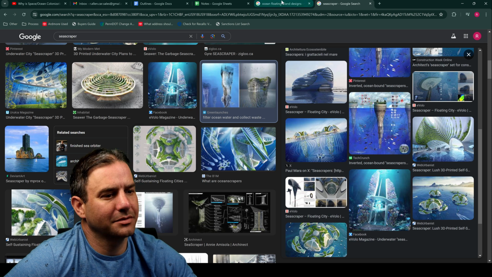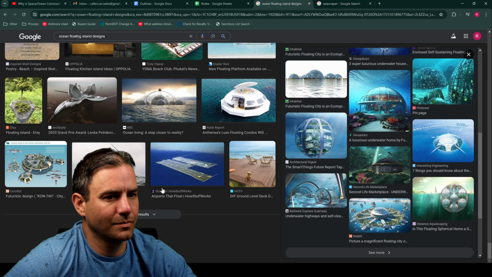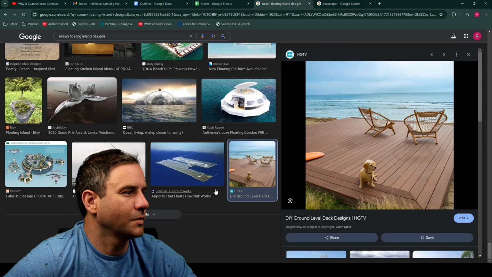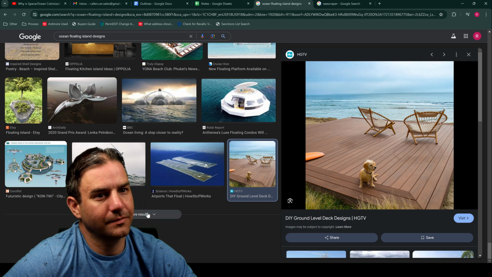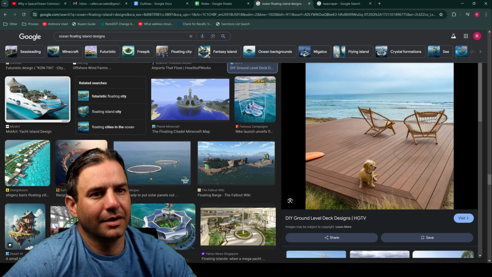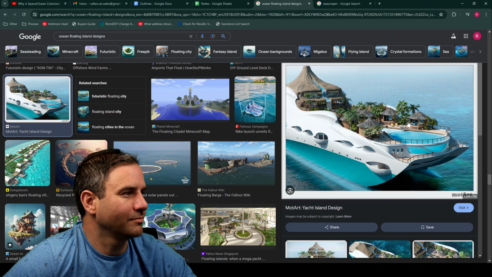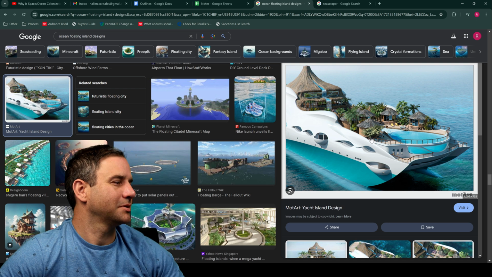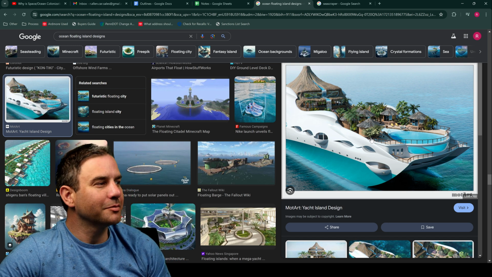Okay, so let's go back to this other page. Yep, cute little doggies. That's a good thing to have on your floating island, right? Yeah, I remember these. I think this was published in a magazine. At the time, it was cool, you know?